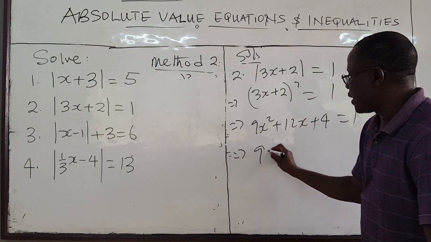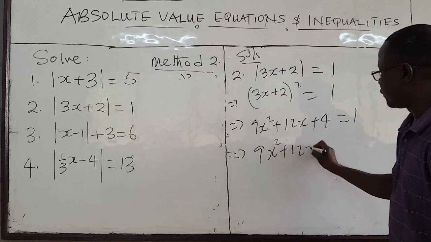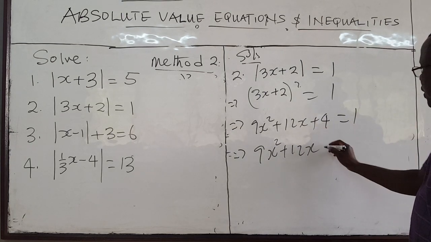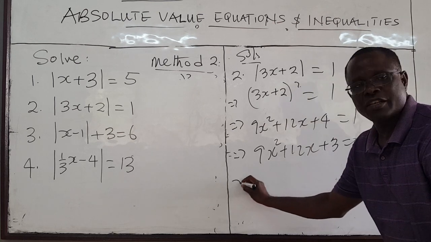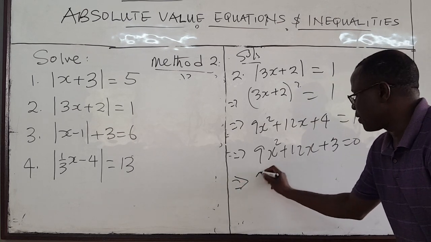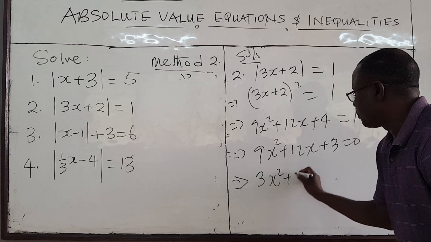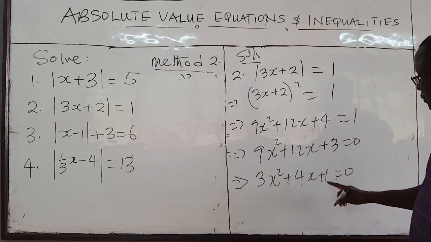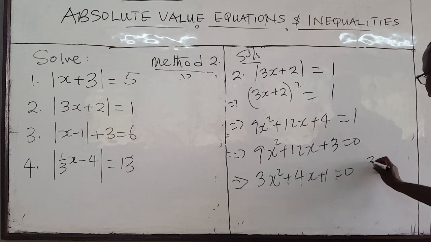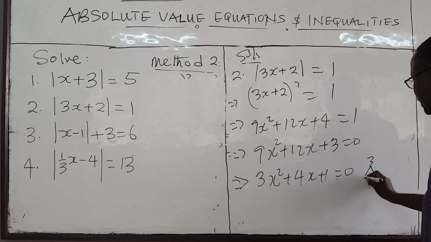So I have 9x² + 12x + 4 - 1, which is 3, equal to 0. 3 is common, so I can divide through by 3. If you divide through by 3, you have 3x² + 4x + 1 = 0. 1 times 3 is 3, and factors of 3 will be just 1 and 3.